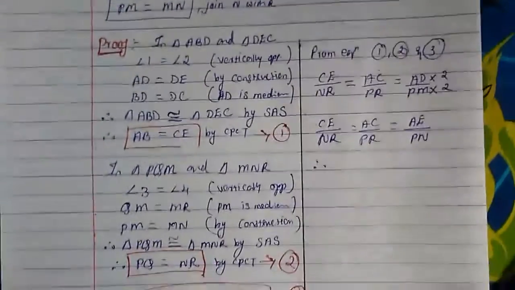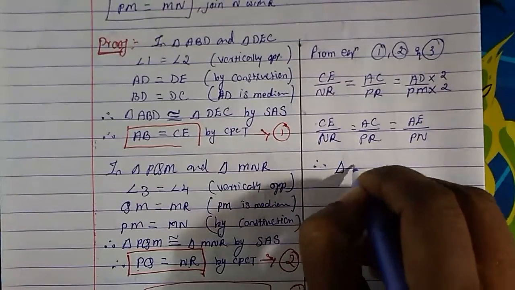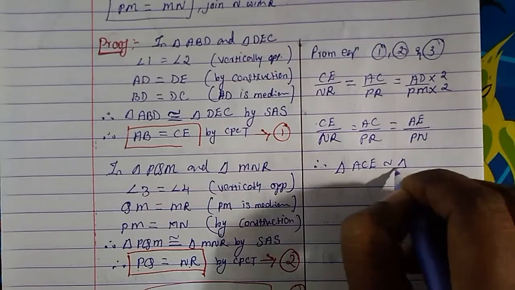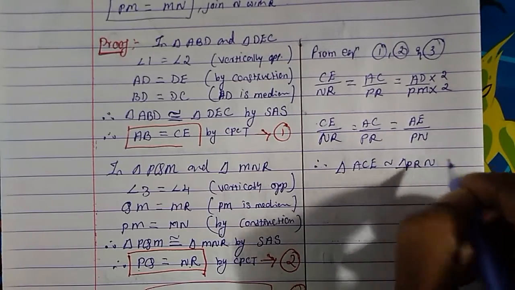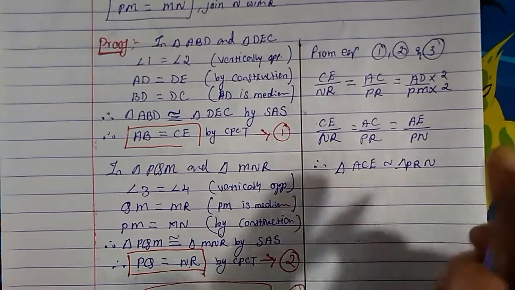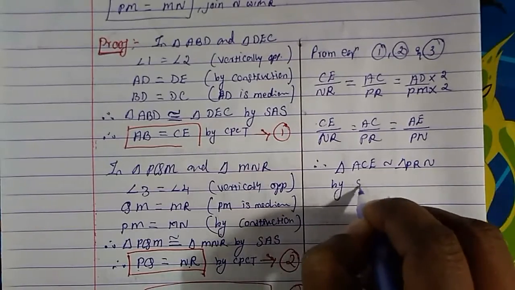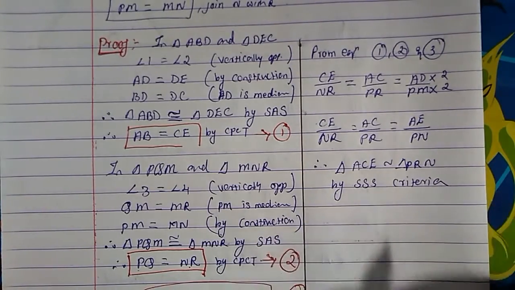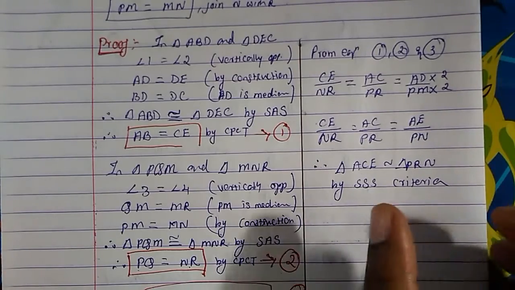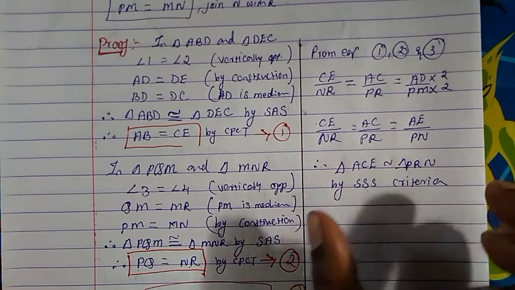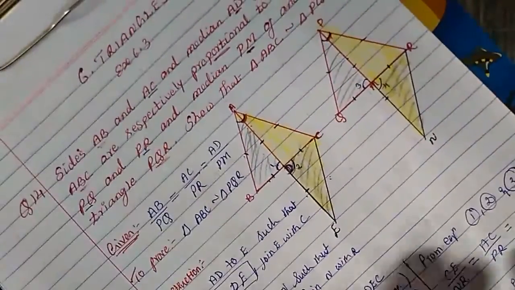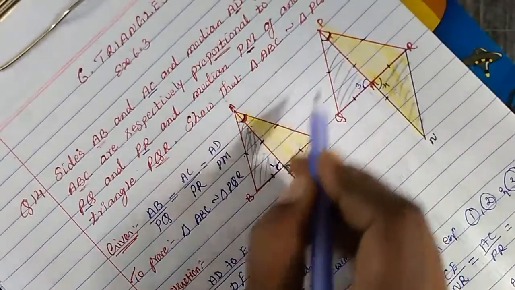So triangle ACE is similar to triangle PRN. How? By the side criteria. All three sides we have proved, so they become similar by this criteria. If they are similar, these angles will become equal.